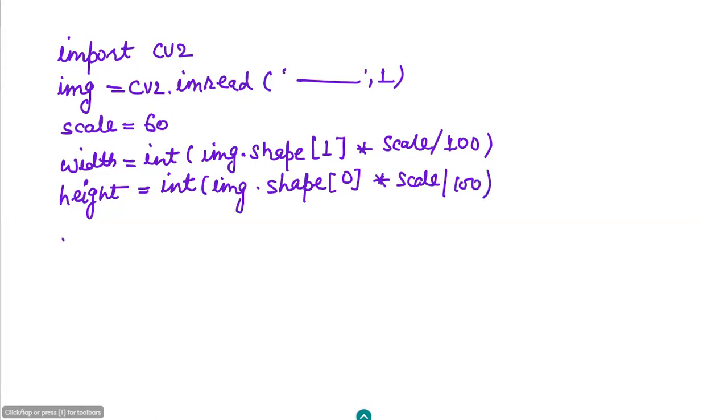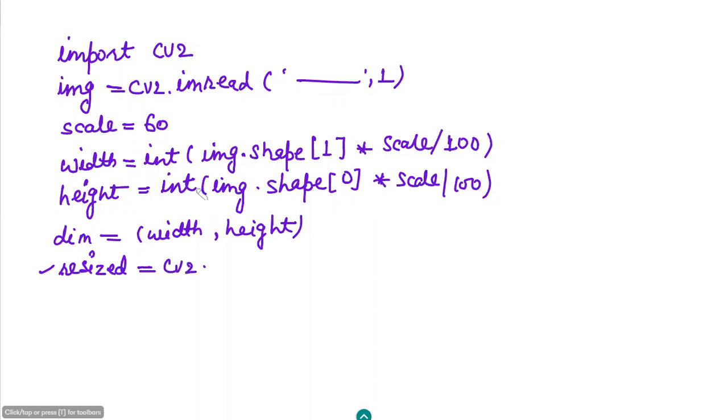Now pass the width and height of your image, and take a variable resized. After resizing, your resized image will be stored in that variable, so I took a new variable that is resized. cv2.resize(img, dim).